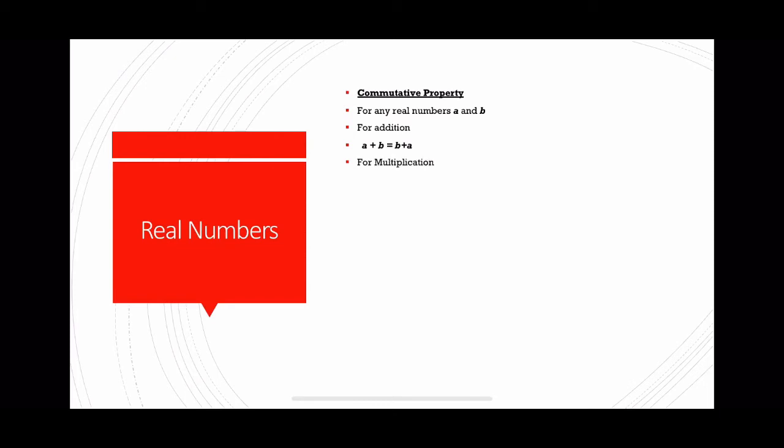And for multiplication, it may appear like this: a asterisk b is equal to b asterisk a, which is the same as (a)(b) is equal to (b)(a), or a dotted b is equal to b dotted a. All of this may appear as multiplication.